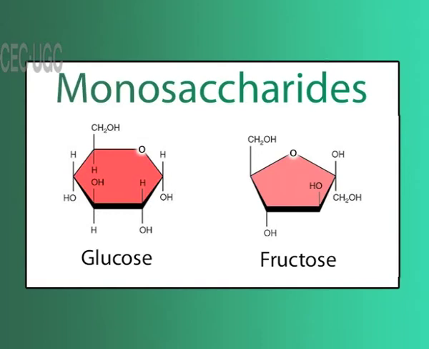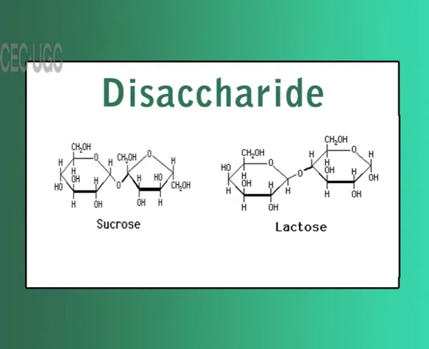A carbohydrate which has a single sugar unit. A disaccharide has 2 monosaccharide units or sugar units. Sucrose upon hydrolysis gives glucose and fructose, and lactose upon hydrolysis gives glucose and galactose.